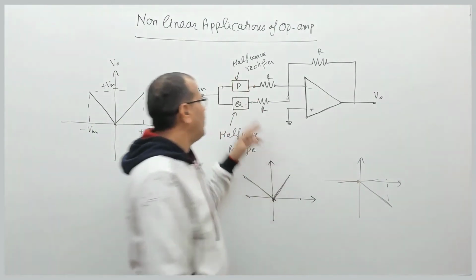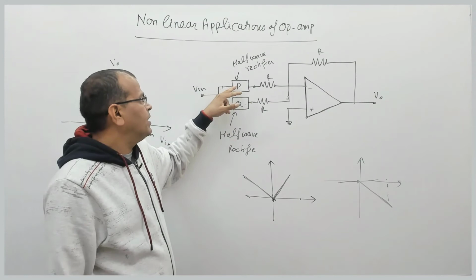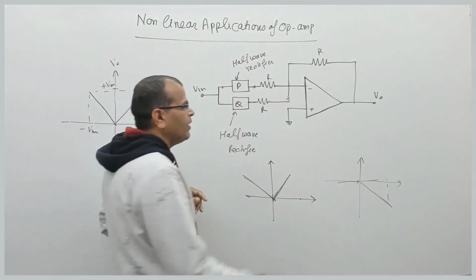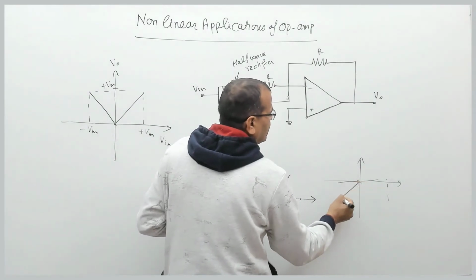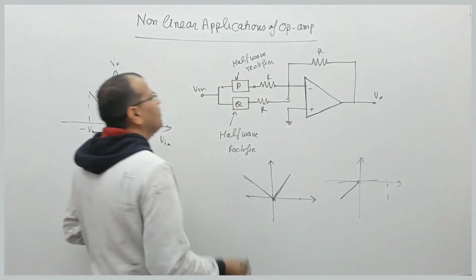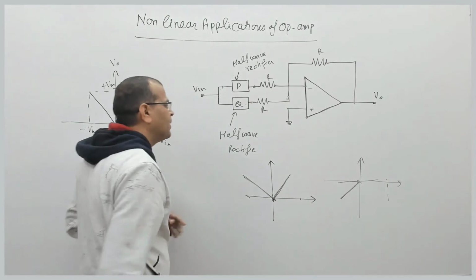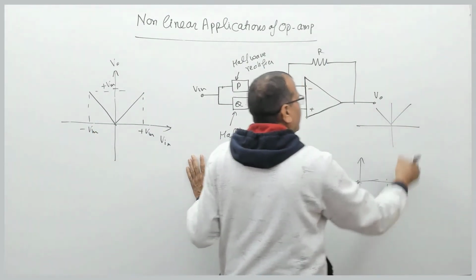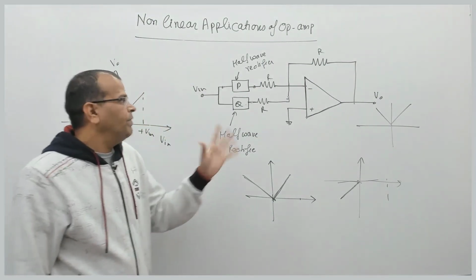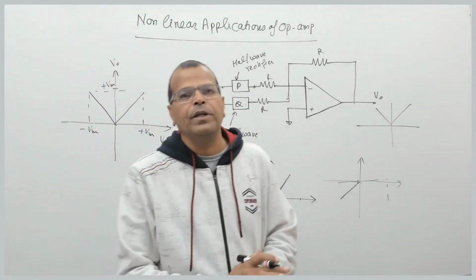And during the negative half cycle, it is 0. So I have a half wave rectifier, maybe this, maybe this. Another half wave rectifier has to be like this. When input voltage is negative, this becomes positive. So by using this concept, I can get the characteristic and the output like this. We will see some questions based on this concept.